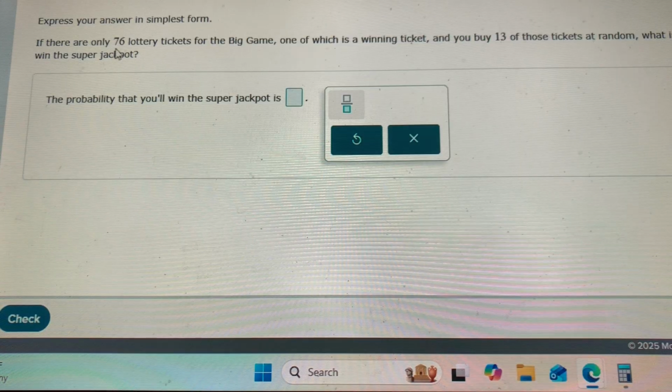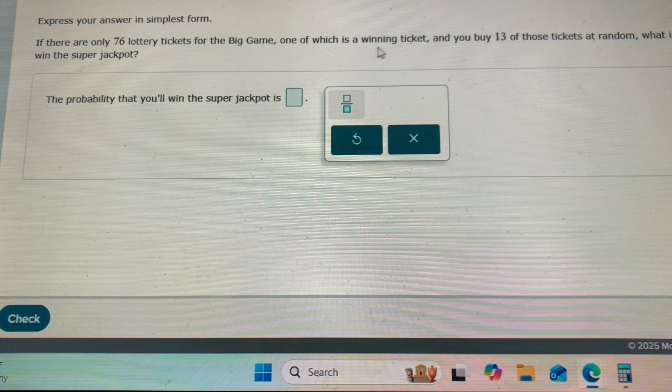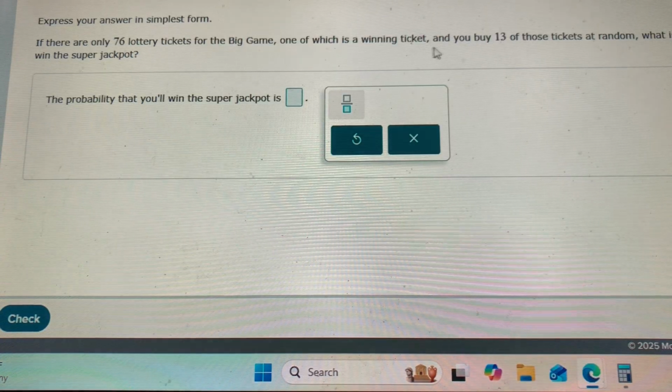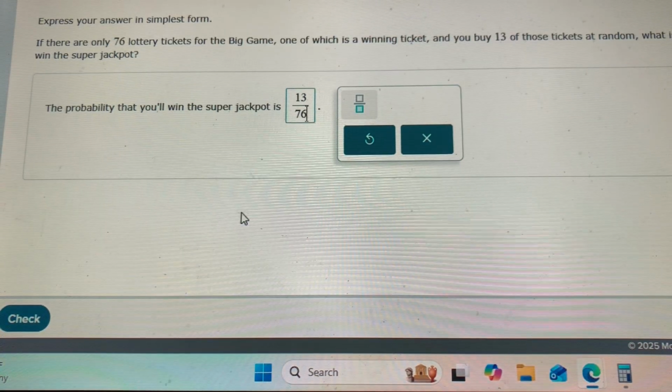If there are only 76 lottery tickets for the big game, one of which is a winning ticket, you buy 13 tickets at random. What is the probability that you will win the super jackpot? So you're buying 13 tickets. That's your good cases. You hope one of these 13 happens. There's 76 total. So 13 out of 76.